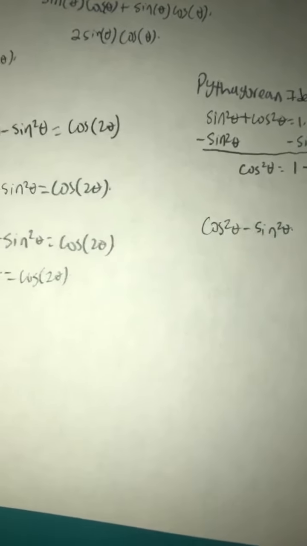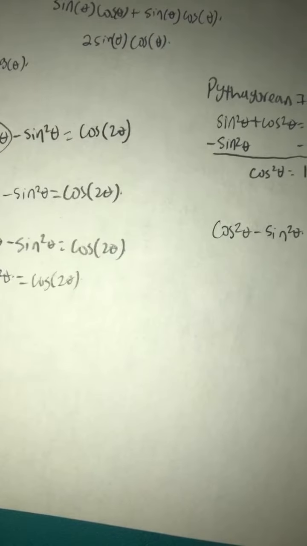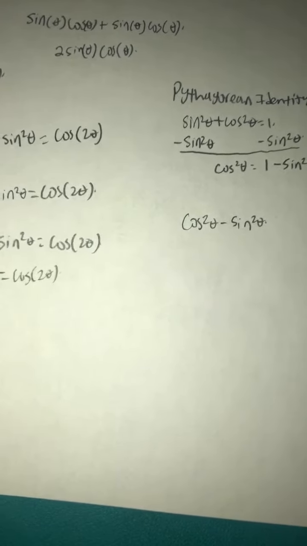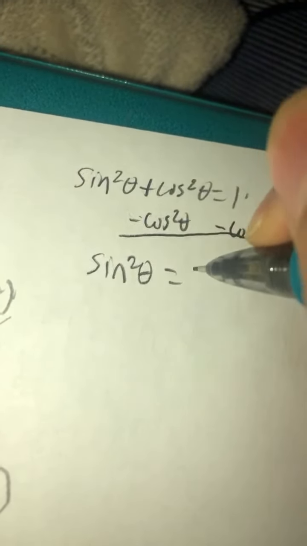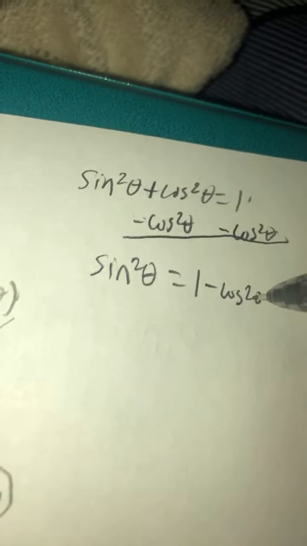Now we're going to say, well, what is sine squared theta equal to? If we solve for sine squared theta right here, we get sine squared theta equals 1 minus cosine squared theta, right?